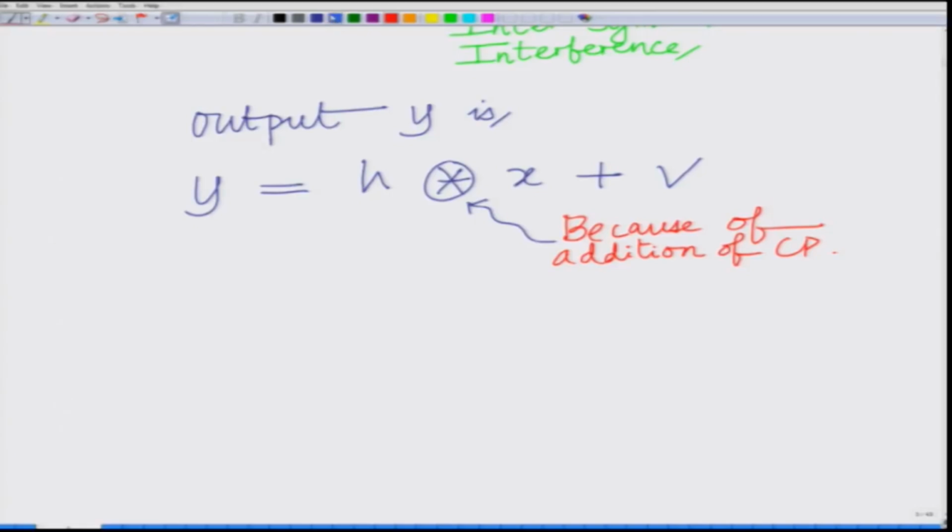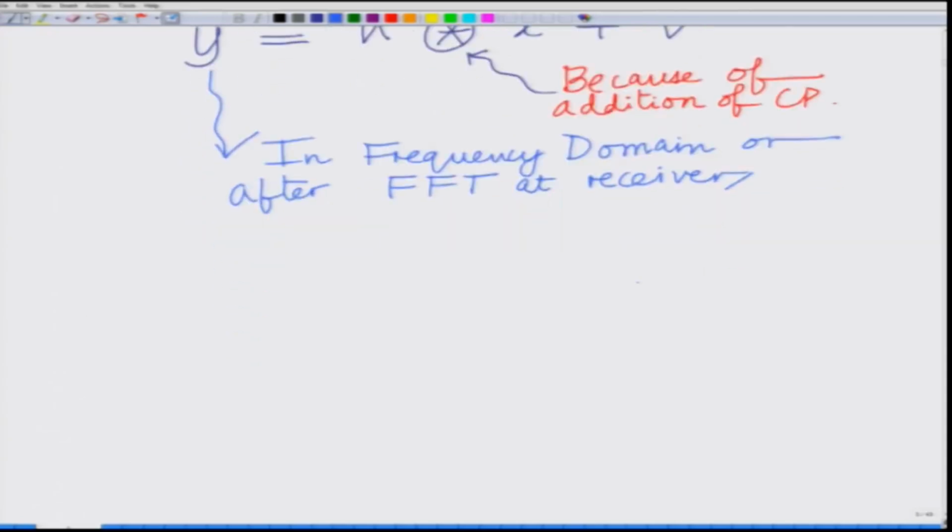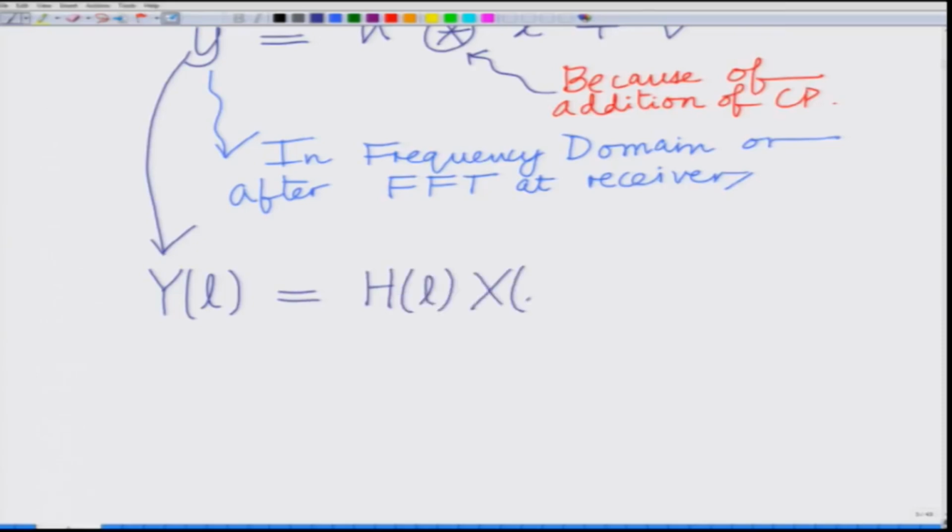And therefore, in the frequency domain, after the FFT at the receiver, this is given as YL equals HL XL plus VL, where the circular convolution becomes multiplication.